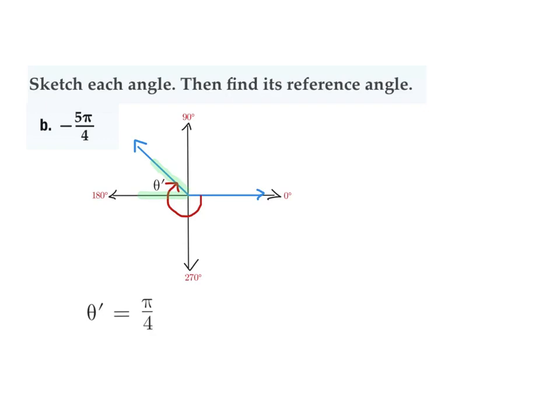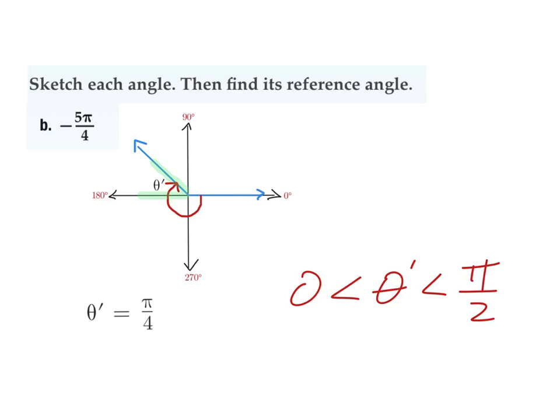Now here's why that's important. Because if you wrote negative pi over 4, you would be wrong. What kind of angle must the reference angle be? Acute means between 0 and 90. Or, when it comes to radians, it has to be between 0 and pi over 2.